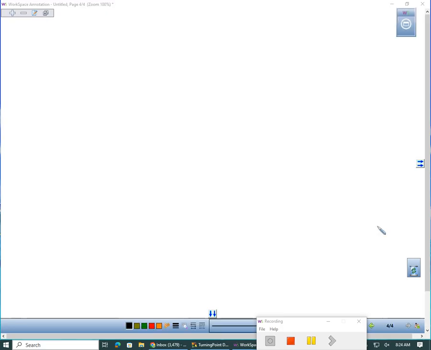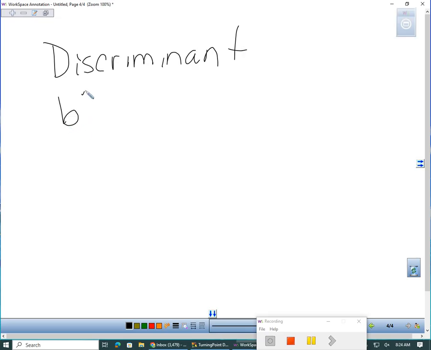Last thing I need to talk about then is what we call the discriminant. The discriminant is that part that is underneath the square root, the b squared minus 4ac. If when you do b squared minus 4ac, you get a number greater than 0, this is going to have two solutions.